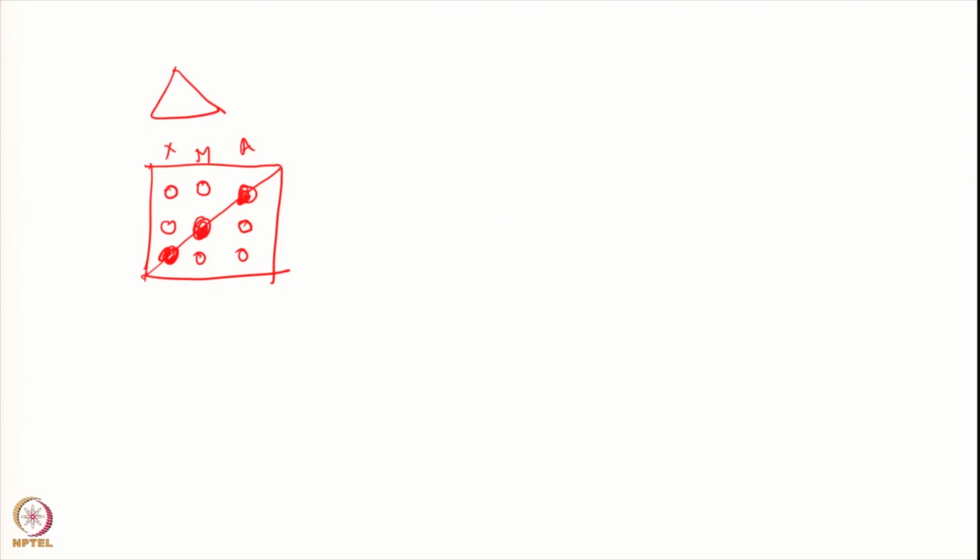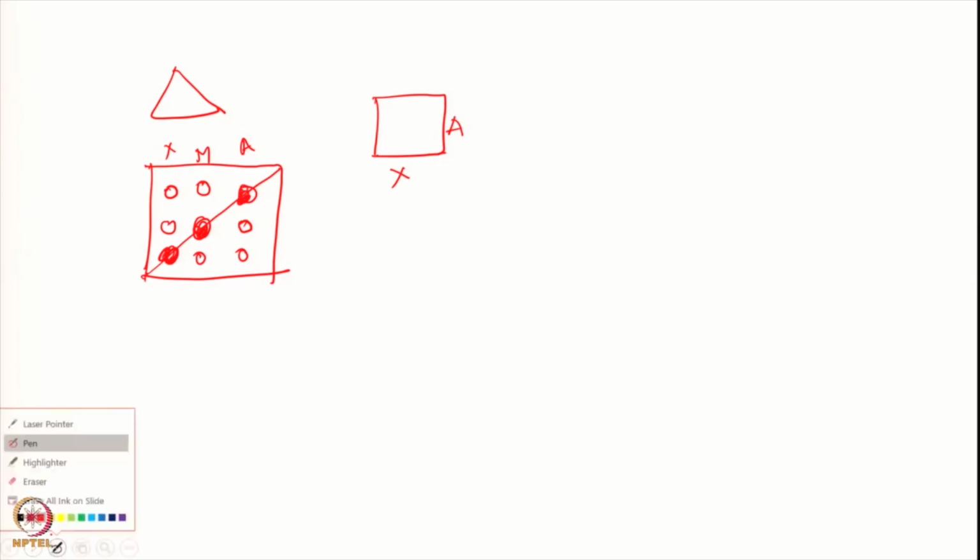Okay. In the same line, each one of them will have, let us say, I have this is AX, that is this peak. So what will be the active coupling here?